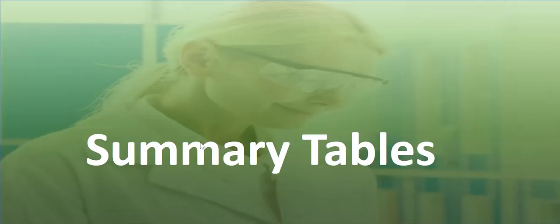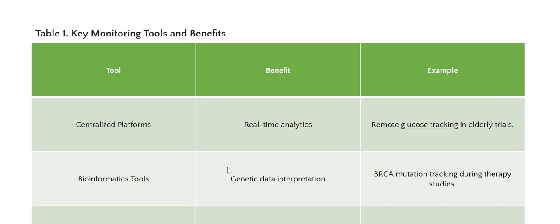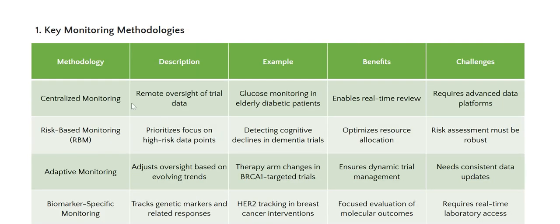Summary tables: the upcoming tables summarize what we have covered through this lecture. This table on key monitoring tools and benefits: tool, benefits, example. Tools: centralized platforms, bioinformatics tools, wearable devices. Another table on key monitoring methodologies: methodology, description, example, benefits, challenges.